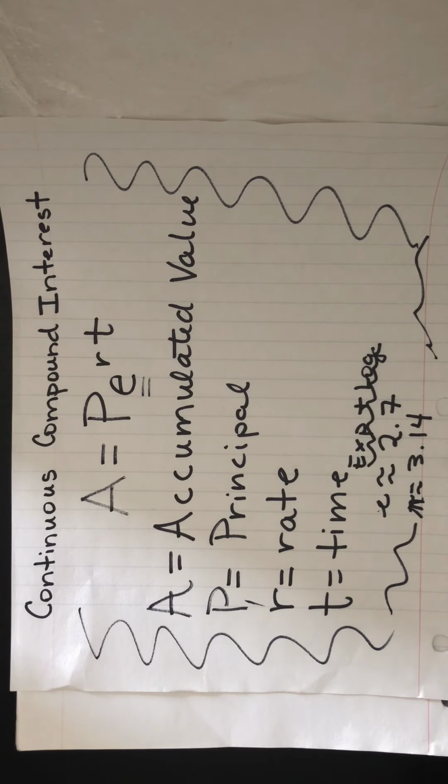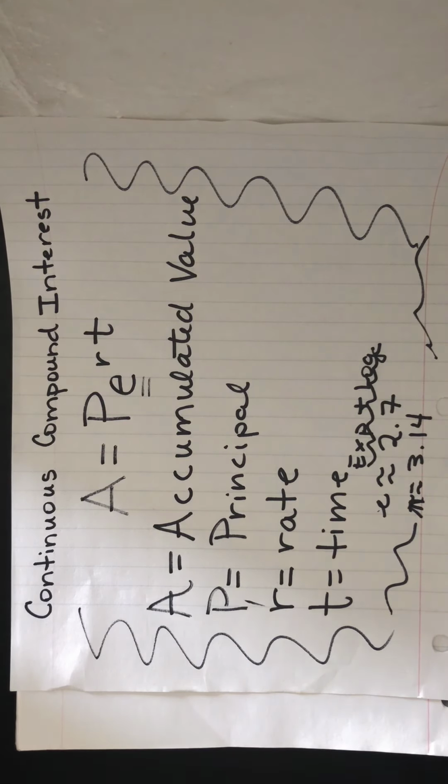This is the amount of money that we will gain over an amount of time. P represents the principal. The principal is the amount of money you either borrow or the amount of money that you place into an account. R represents the rate. Your loan or your investment will grow at a certain rate, and T represents the time.